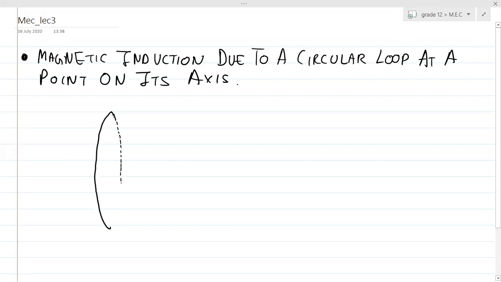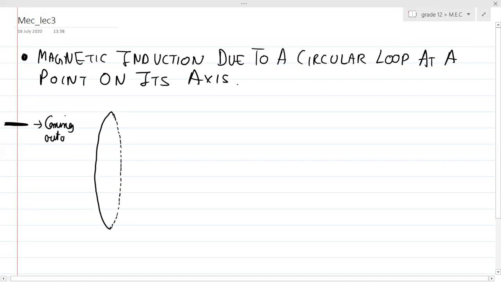Can anyone tell me what does the dashed part mean and what does the solid part mean? The dashed part is basically coming out of plane. This is a 3D figure, है ना?